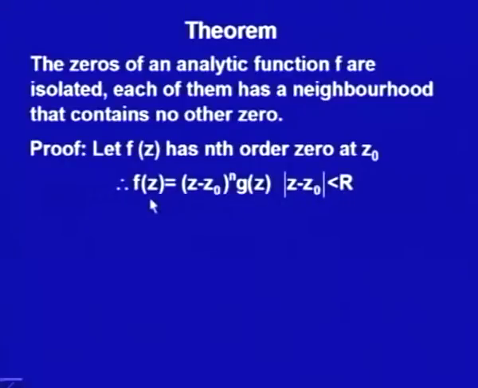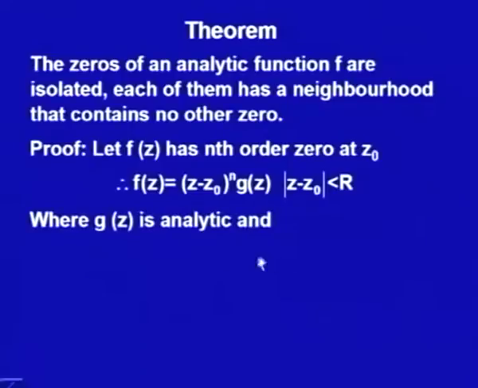Just now we had shown that if f(z) is analytic, we can write a Taylor series expansion at the point z₀, and if it has an nth order zero then the expansion could be written over here, where g(z) is also an analytic function, because g(z) would be aₙ₊₁(z − z₀) plus aₙ₊₂(z − z₀)² and so on, that is again a power series. So, that is also an analytic function. Moreover, g at z₀ is not 0. Now g(z) is analytic and g(z₀) is aₙ, which is not 0.